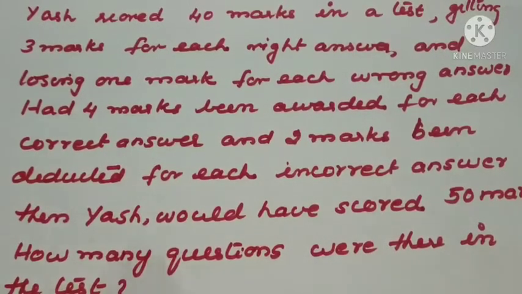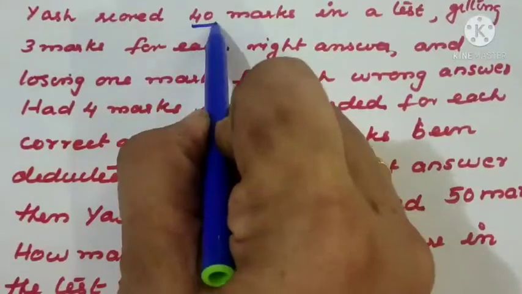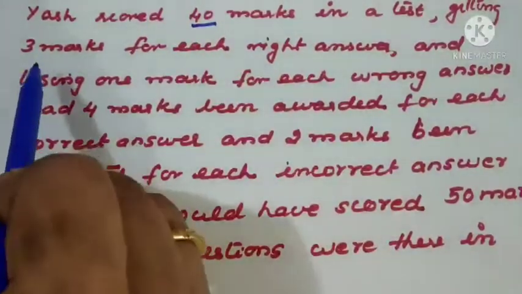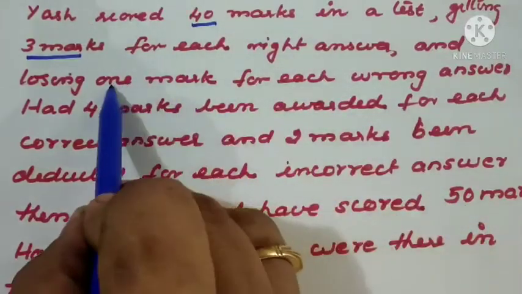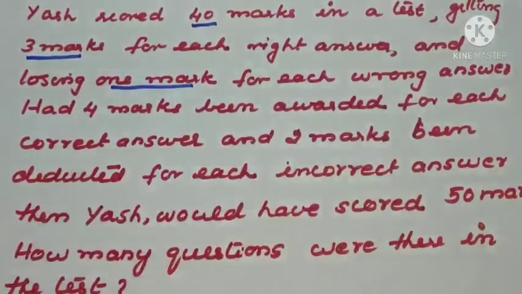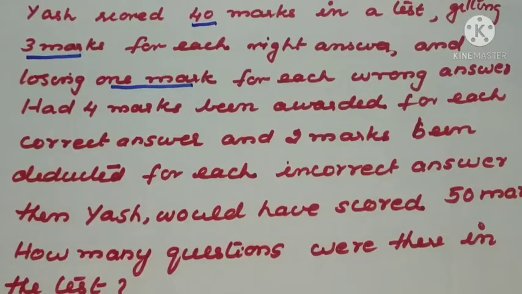So what is the first sentence? Yash scored 40 marks in a test, getting 3 marks for each correct answer and losing 1 mark for each wrong answer. So 40 marks is the score, 3 marks will be awarded for a correct answer and 1 mark will be deducted for a wrong answer.